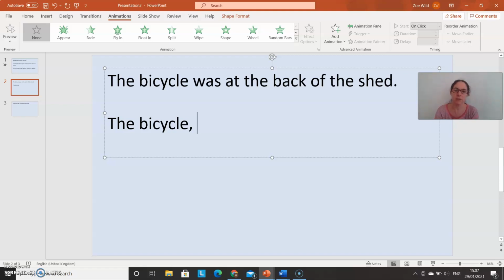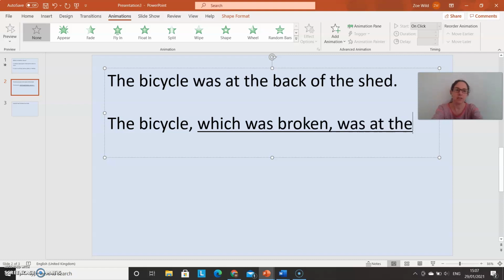So the bicycle, which, so that's my relative pronoun, which, I'm going to underline it, was broken. I'm describing the bicycle. I'm saying it was broken. The bicycle, which was broken, was at the back of the shed.